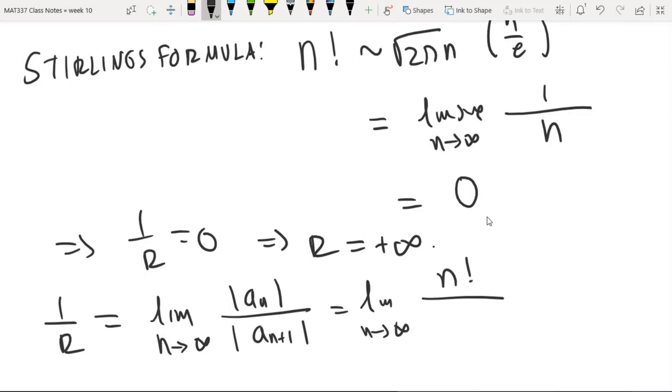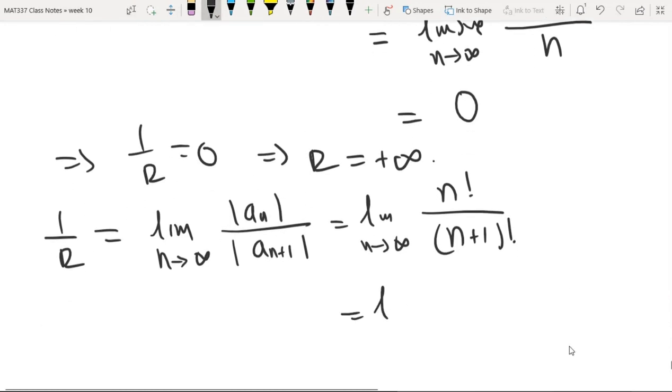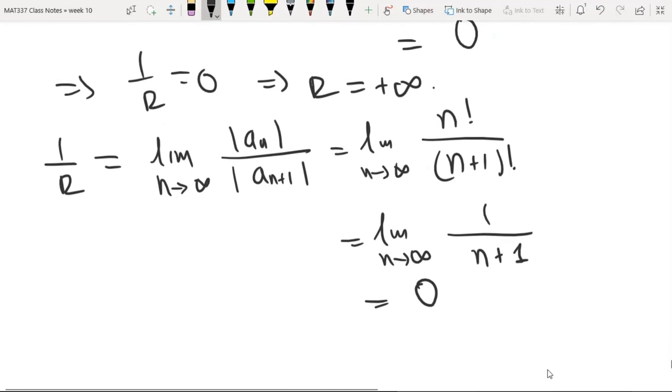So you have n factorial and n plus 1 factorial. And if you remember the definition for factorial, you're just left with n plus 1. And again, you get 0. So you get r is plus infinity.